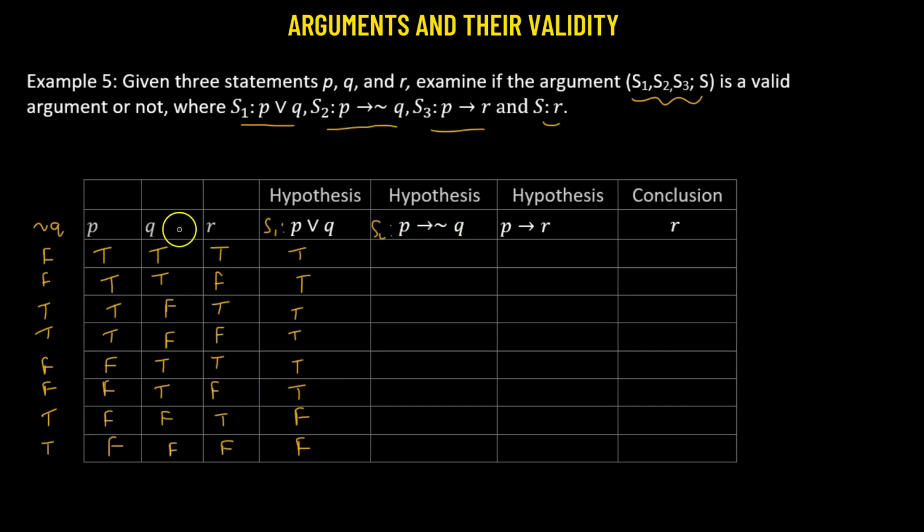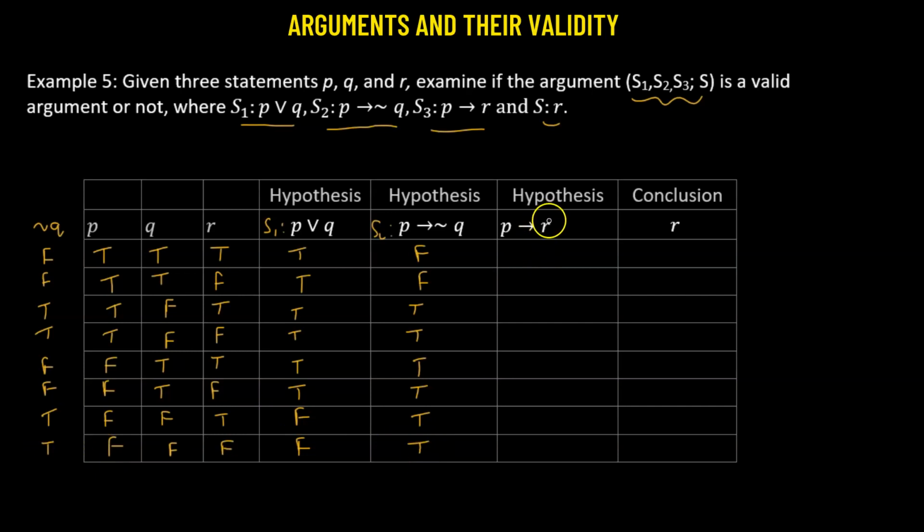If P, then not Q. If true, then false, so this is going to be false. If true, then false, this is false. If true, then true, so this is true. If true, then true, this is true. If false, then false, this is true as well. If false, then false, this is true. If false, then true, so this is true. And if false, then true, this is also true.